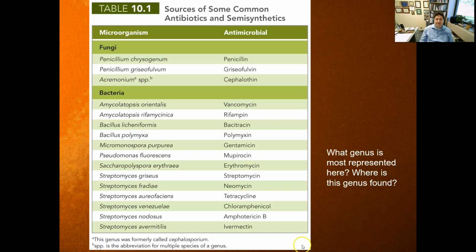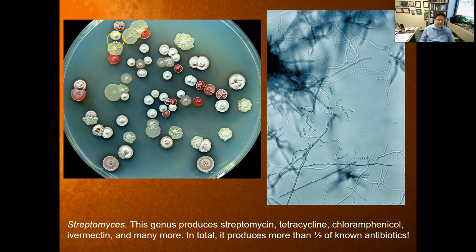So if we look at this chart here, this is sources of some common antibiotics and semi-synthetics. So we get many of these from fungi. Here's different fungal species, antibiotics we get from them. Bacteria, particularly look at all the Streptomyces here, okay? And the different antibiotics we make from them. This is Streptomyces growing on an agar plate.